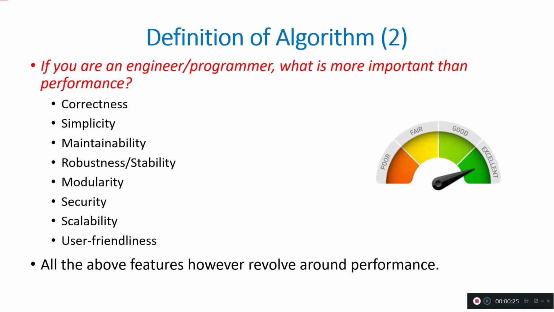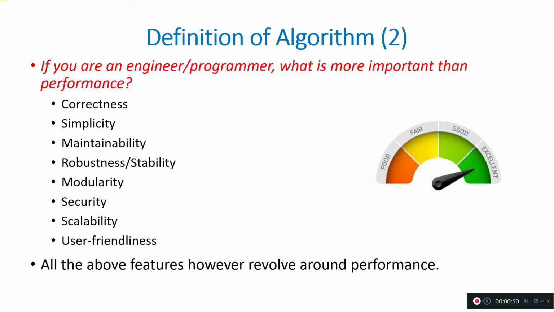You should make sure that the program you develop works correctly on all valid inputs and not only for a selected subset. Then we have simplicity. It should be simple to understand and probably change the code in future if needed. Maintainability. You should be able to update the code with minimal effort.